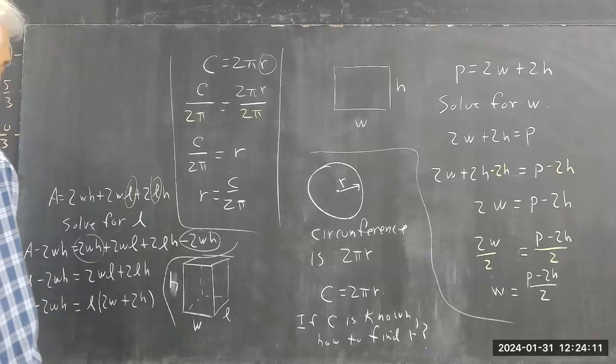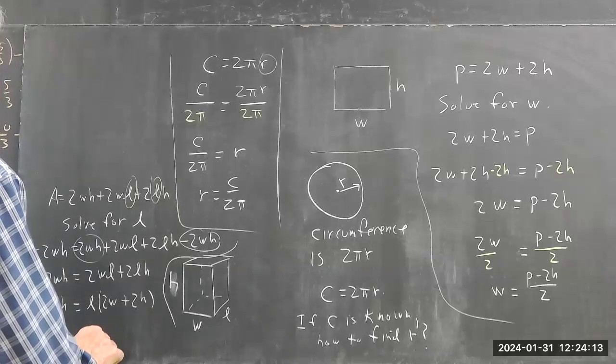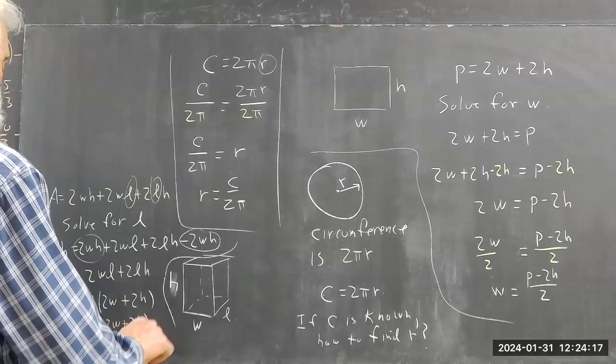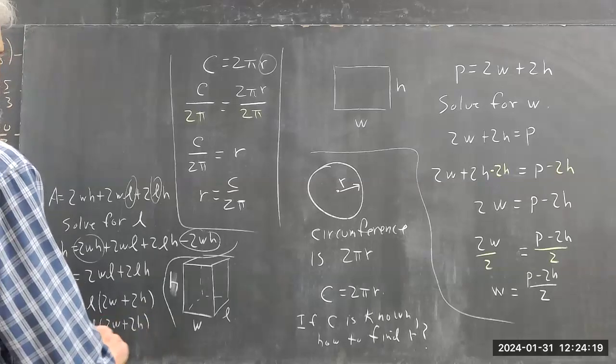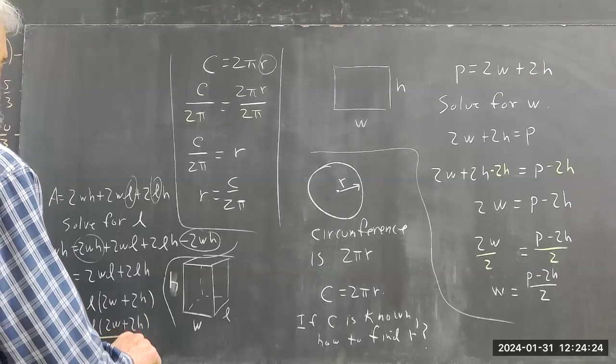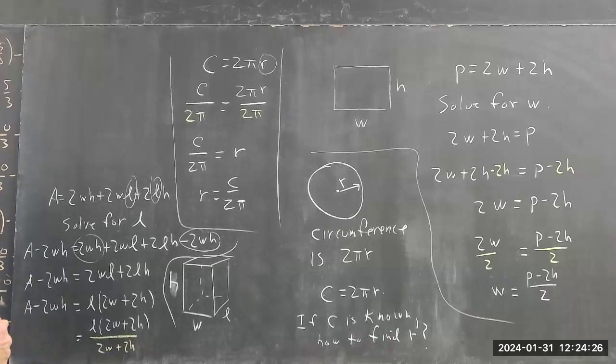Now if I want to get L, I divide by 2W plus 2H, and of course I have to do that on this side too. Now I get L equals this.